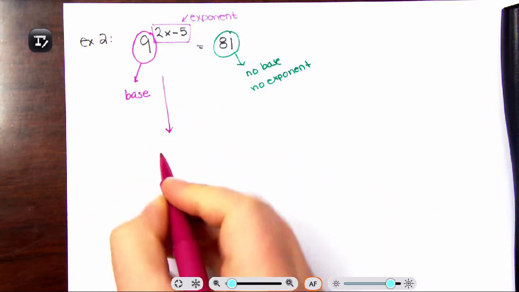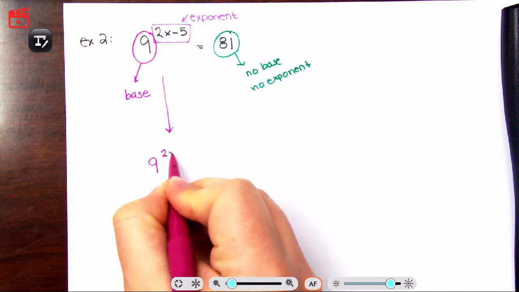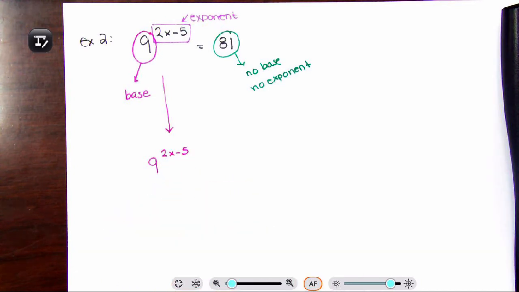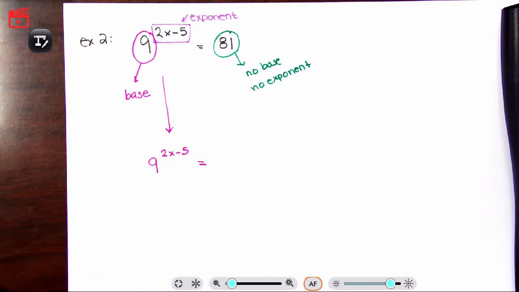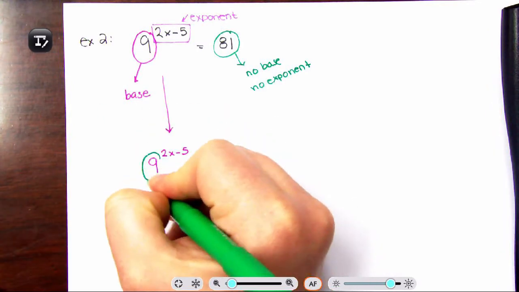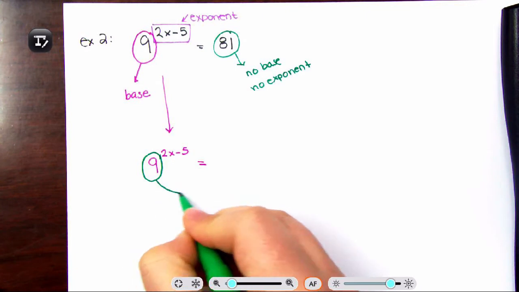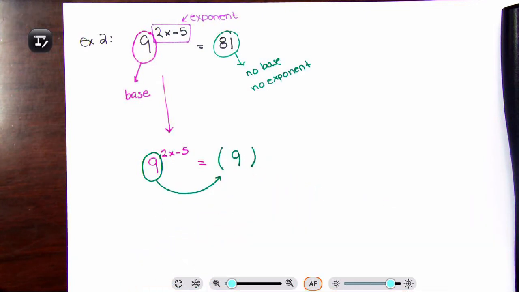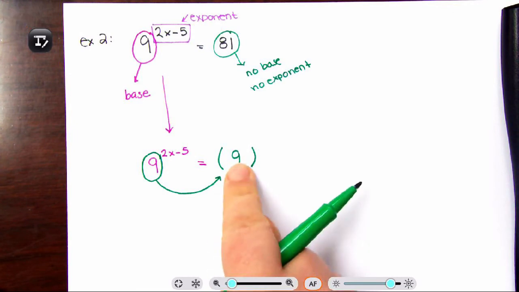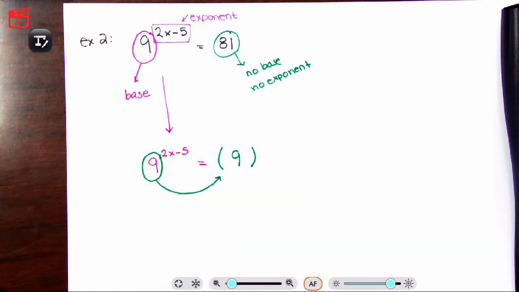How do we do that? Copy down the numbers with the base already. So 9 to the 2x minus 5 power. On the other side, we're going to force this 9 to match the other side. So I'm going to put a 9 here. Now 9 and 81 are not the same. 9 is not equal to 81.